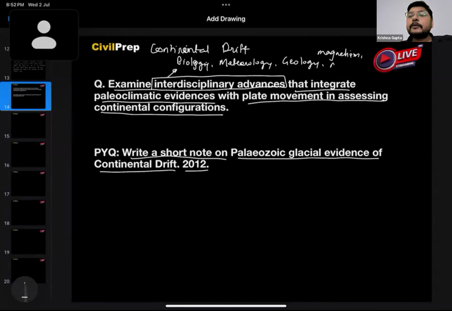It is also related to mineral exploration, glaciers, the type of climate. Then in the part of resources, we can also see coal, petroleum, etc. So therefore, this question is demanding interdisciplinary advances and integrating them with the paleoclimatic evidences here.